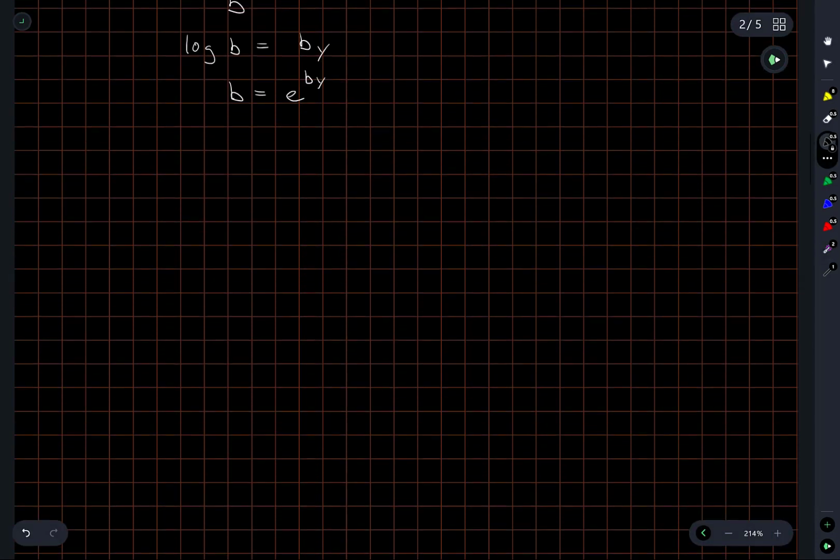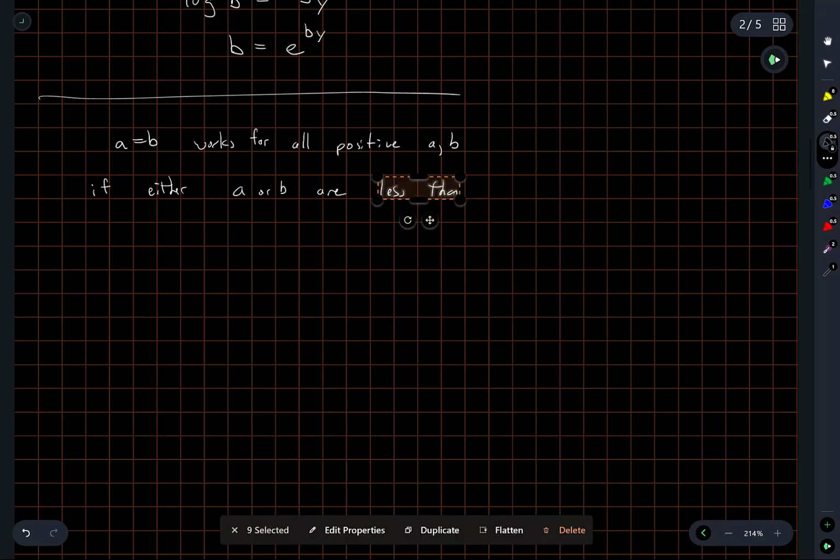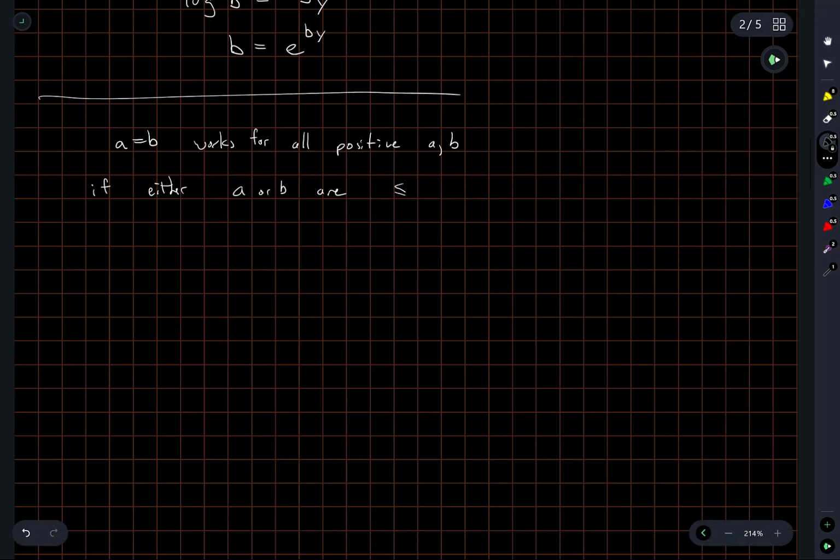All right, well, what I definitely have here is that a equals b works for all positive a and b. If either a or b is less than or equal to 1, then a equals b is the only solution.